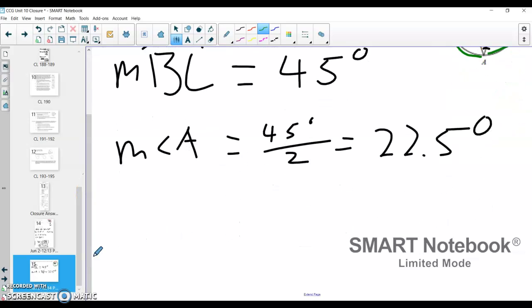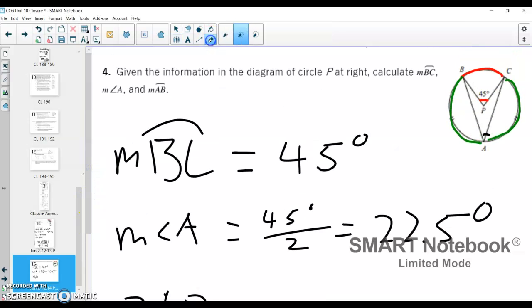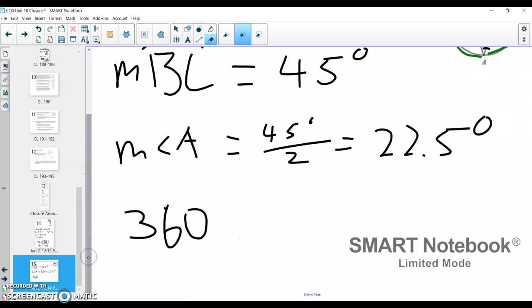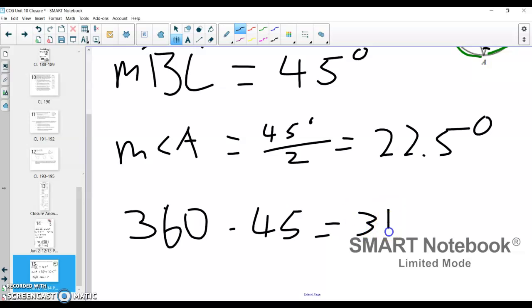So I'm going to take 360 degrees and subtract away the 45 degrees. Subtracting away that 45 degrees is going to get rid of this arc measure right here. And so 360 minus 45 gives me, I believe, an answer of 315 degrees.